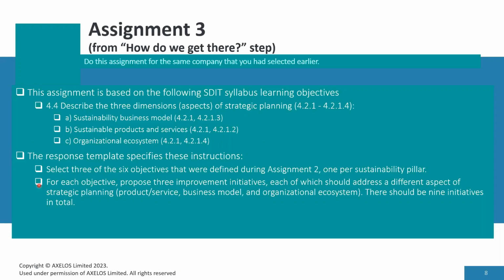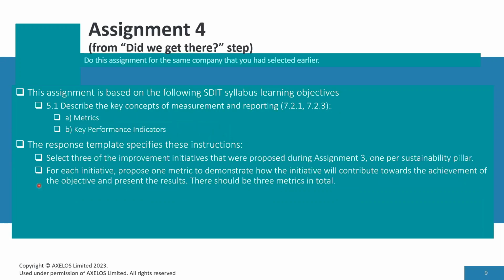And in total, there should be 9 initiatives that you propose. Then, based on information derived in assignment 3, you need to do assignment 4, wherein you will select 3 of the improvement initiatives that were proposed in assignment 3, 1 per pillar, and for each initiative, propose 1 metric to demonstrate how the initiative will contribute towards the achievement of the objective and present the results, which means there should be 3 metrics in total.